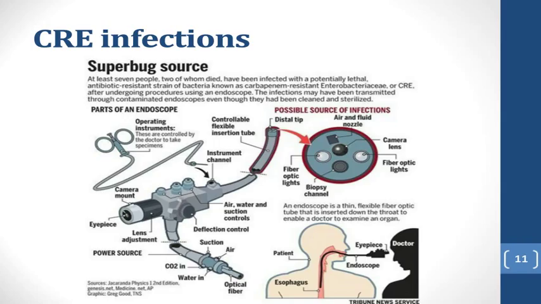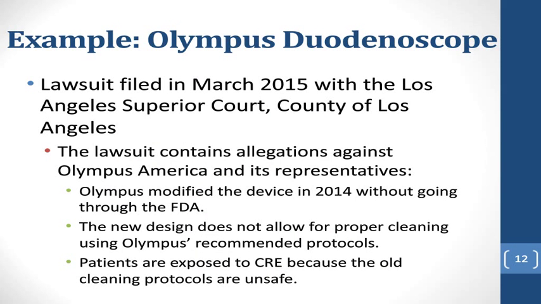These are tiny, micron, millimeter-sized crevices where these bugs can hide. And apparently, the standard protocols that they had developed to clean these devices are not working. And so these bugs are not getting killed. And these products are reused between patients. And the patients, unfortunately, are getting infected with this CRE.